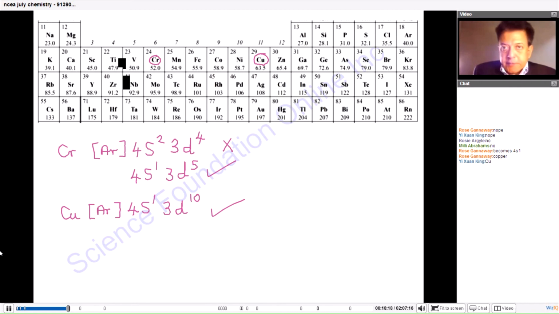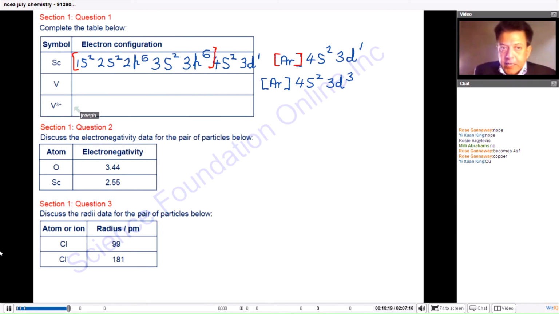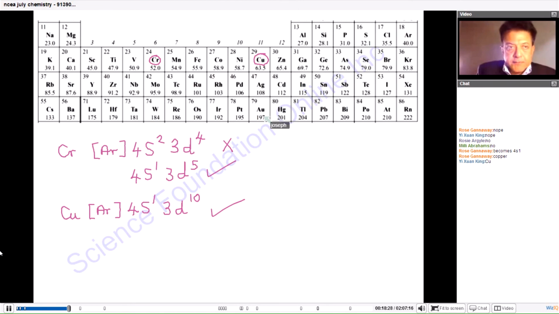Now, let me go back to our slide and look at the next ion that we had to answer this for. Vanadium 3+. Now what happens when we look at something like vanadium 3+? I'm going to do this one in a green color. Vanadium 3+.